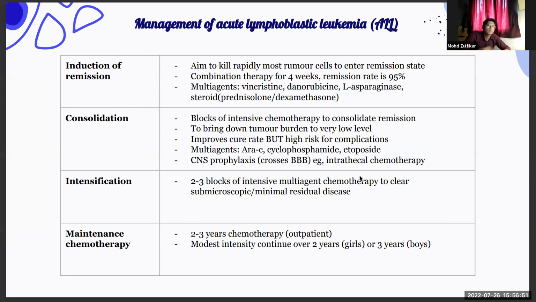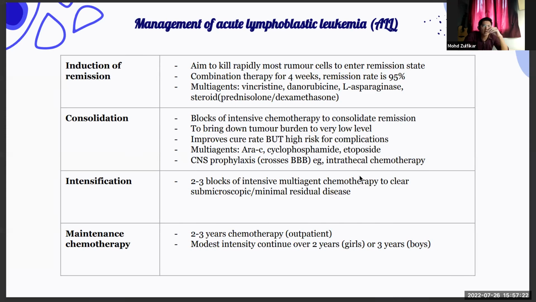So let's go regarding the management of acute lymphoblastic leukemia first. In managing the acute lymphoblastic leukemia, the important thing that we need to know is the induction of remission and also consolidation. So what actually is the induction of remission? It basically means that we induce the state of remission of this cancer. How?